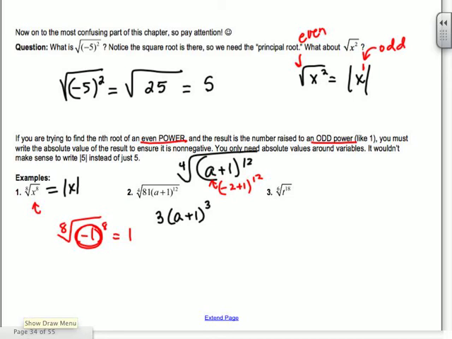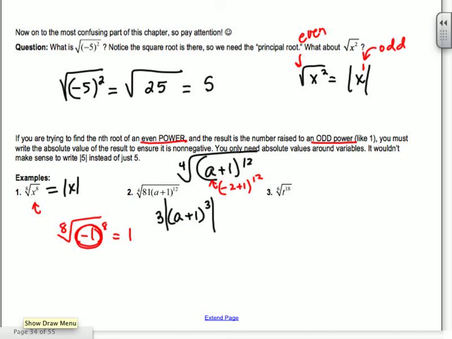Then you take the 4th root of it, 1. So you're getting a positive number out. But if you plug in negative 2 here, you get negative 2 plus 1 is negative 1. Cube it. What do you get when you cube it? Negative 1. We wanted positive 1. So that's when you know you need the absolute values.